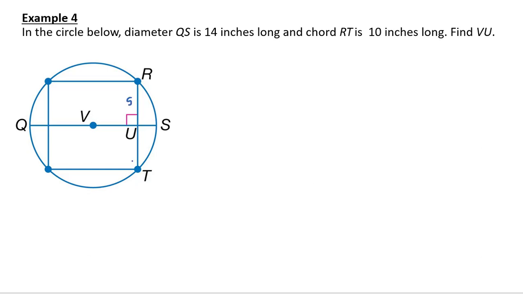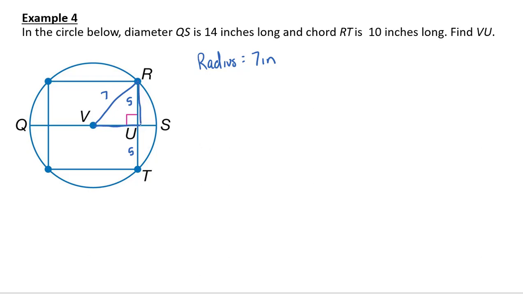So this is equal to 5 and this is equal to 5. They tell me the diameter, the whole length here, is 14 inches. That means my radius is 7 inches, and I'm trying to find UV, this segment here.